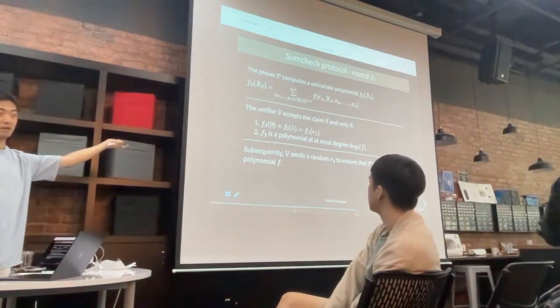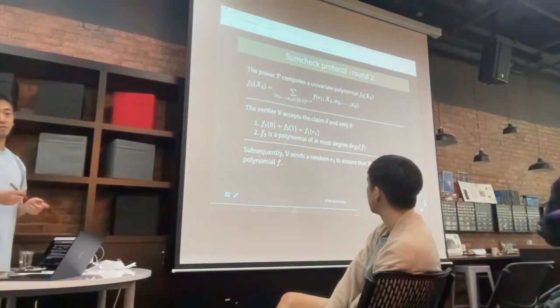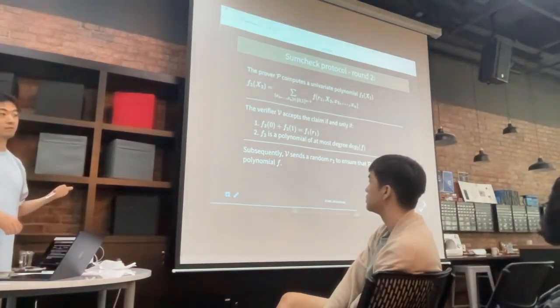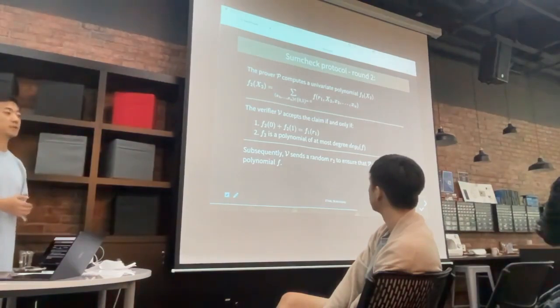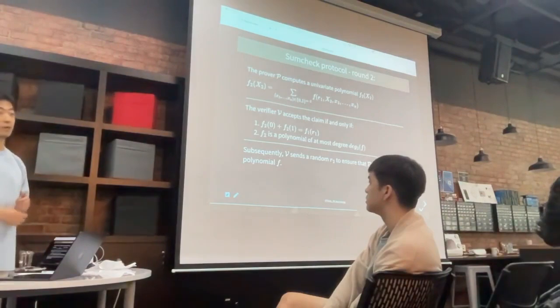In this case, it's R because we are choosing a random value. We are fixing a random value for x1 in f1. Yep, got it. So for the first round, we check the consistency using the grand sum. In this case, we are checking the consistency with the evaluation of Wenkan's first univariate polynomial f1 at the random r1.